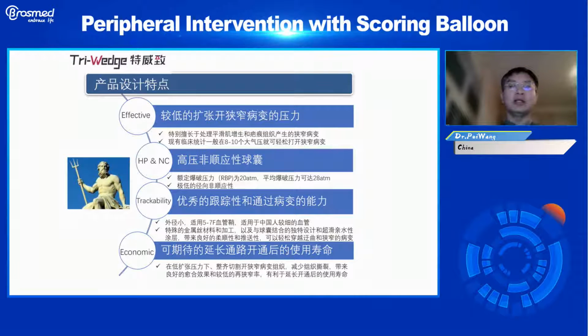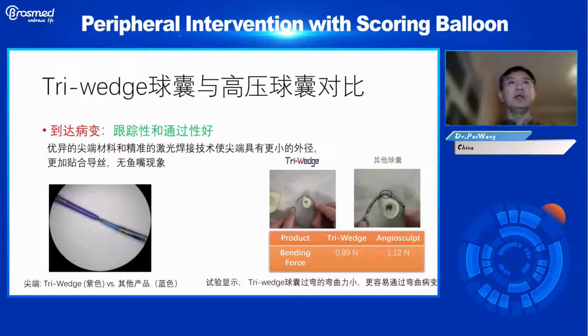With all these features, we hope it could extend the survivorship of the opened lesion. The traceability and the passing are good, and the apposition is better. Compared with the AngioSculpt balloon, the curve passing capability is better.